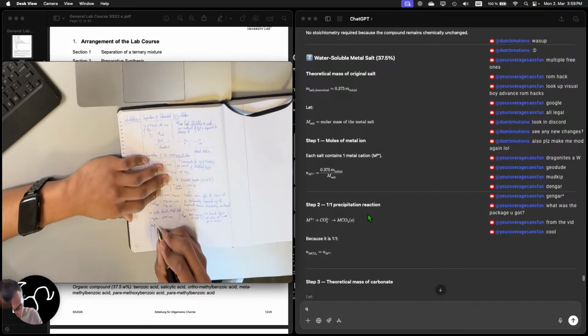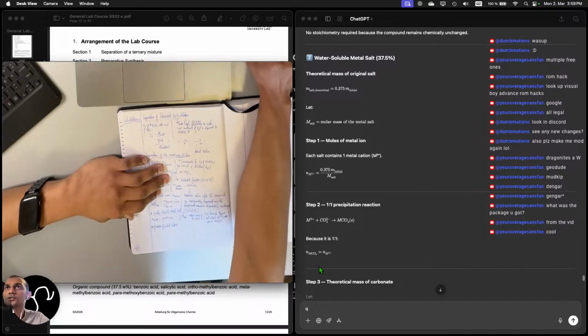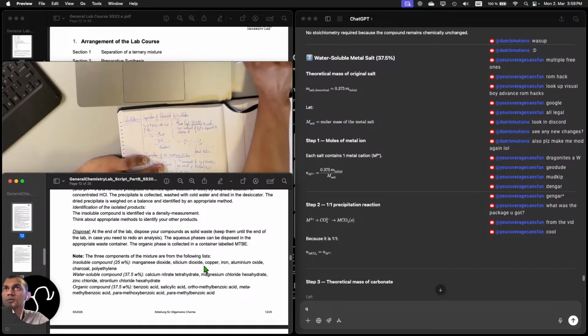Number of moles, theoretical, right? Metal cation. Each salt contains one metal cation. Is that true though? Magnesium, silicon, copper. Wait. Calcium, magnesium, zinc, strontium. I'm guessing, yeah.